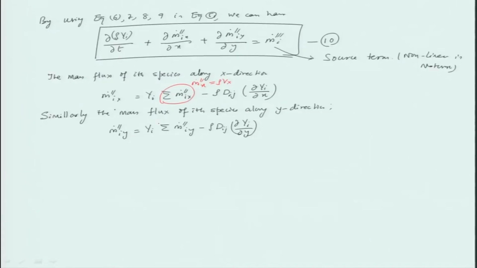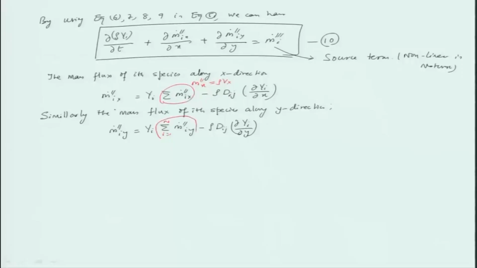Similarly, if I sum over I equal to n, all the species, whether binary, 2, or 10 species, you are considering 10, this also will be equal to m dot I y, which is rho v y.